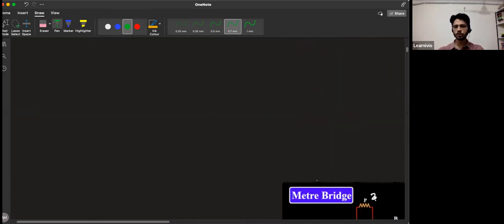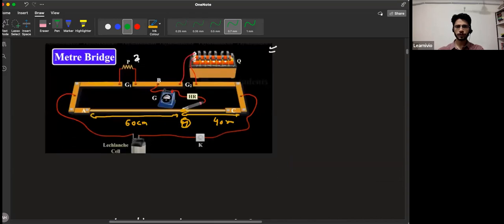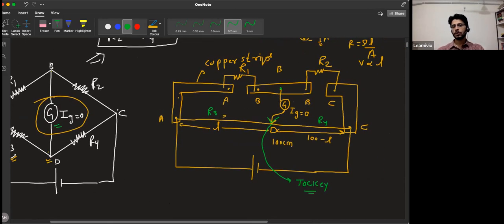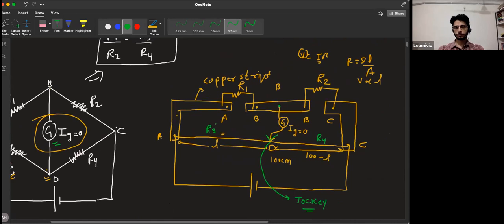We use the jockey to make temporary contacts. So instead of connecting this wire directly to this wire, we connect it through the jockey. Is it clear up to this point? Yes, sir.